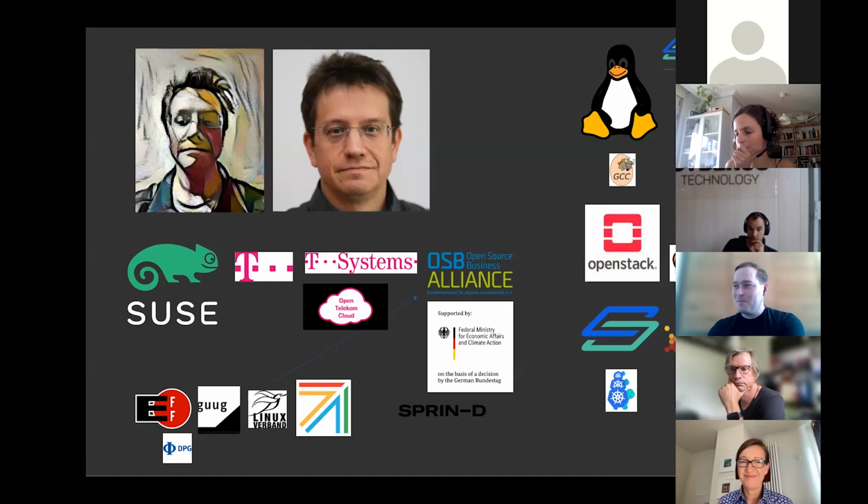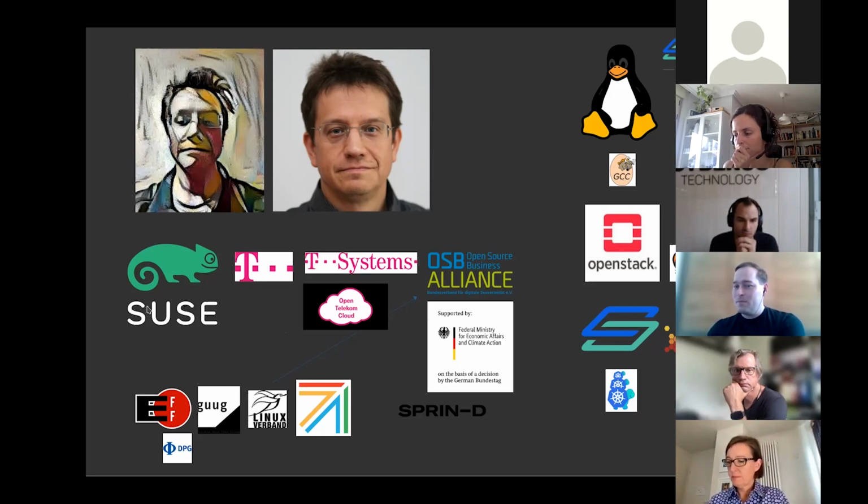Today I'm working for the OSB Alliance, paid for by the ministry, on the sovereign cloud. That's my main job. I've contributed to some open source projects like the Linux kernel, OpenStack itself, Kubernetes and Cluster API. I'm also involved with various associations.